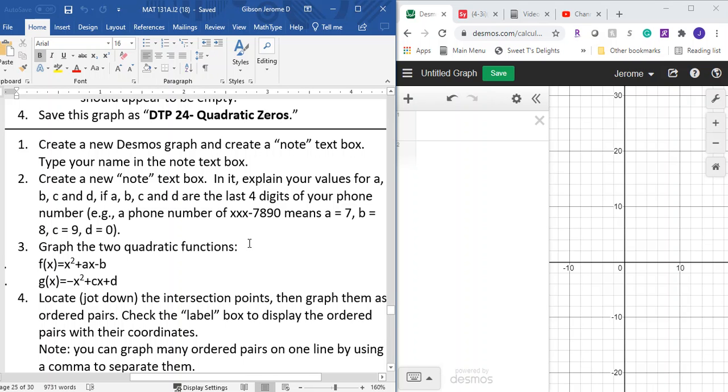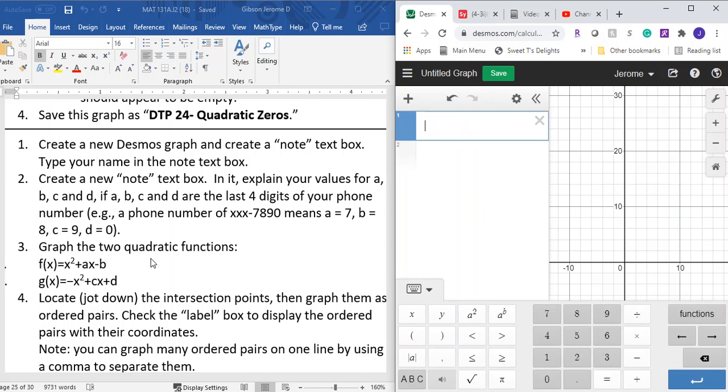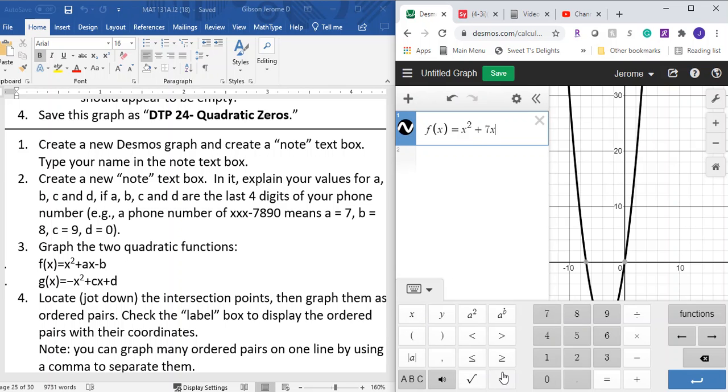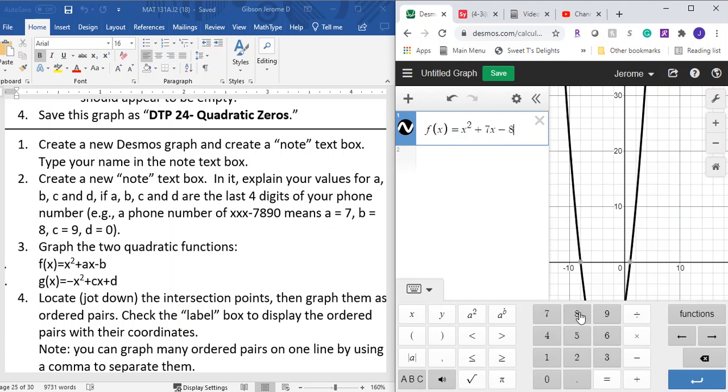Now it tells us to graph the two quadratic functions. So we could do f of x equals x squared plus, now my A is 7, so it'll be 7x and then minus my B is 8.